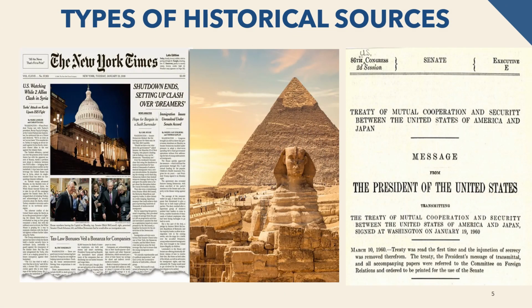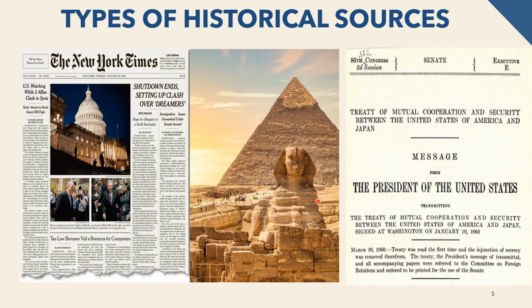There are many different types of historical sources, most of which are primary sources. Below, we have several primary sources. Let's take a look at them. This is a newspaper article.